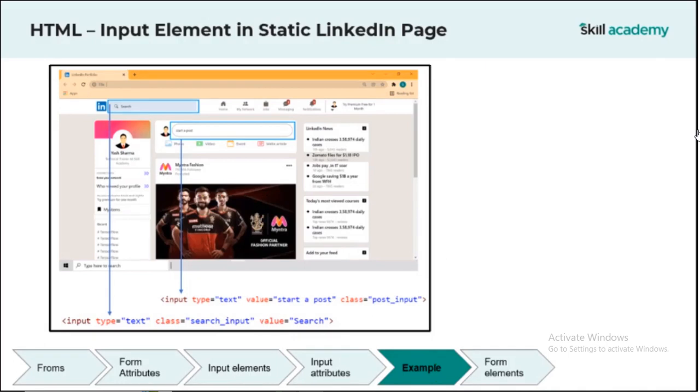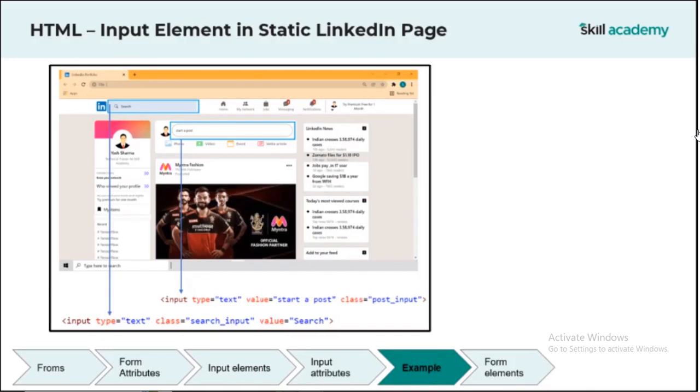In order to design this particular area, we can use input type is equal to text. अब यूजर को लेट्स से कोई पोस्ट लिखना है. Okay, so in order to enable user to write a post, we again use input type is equal to text. Okay, so guys, हमारे static LinkedIn project में भी हम use करेंगे HTML input elements का.